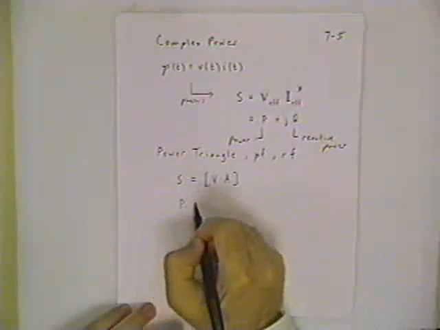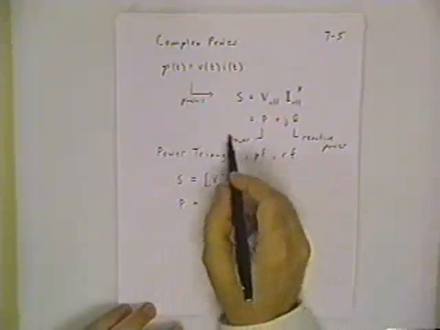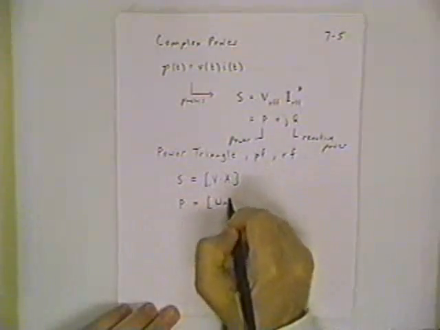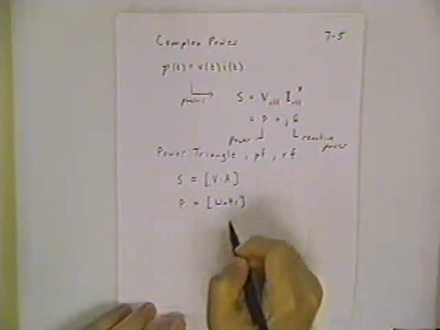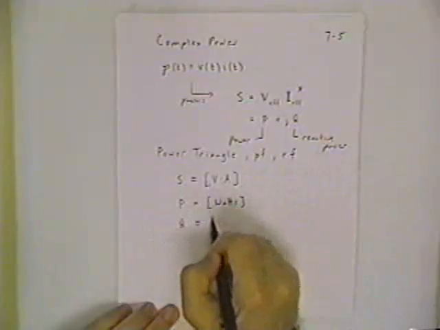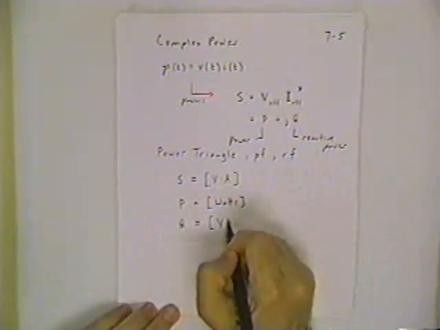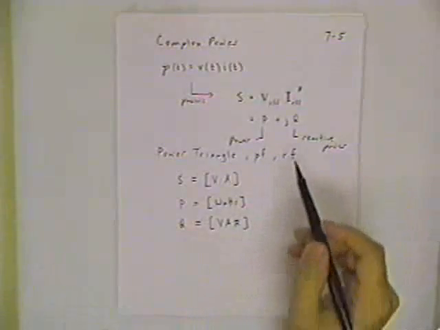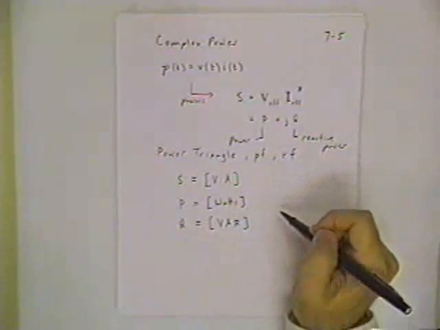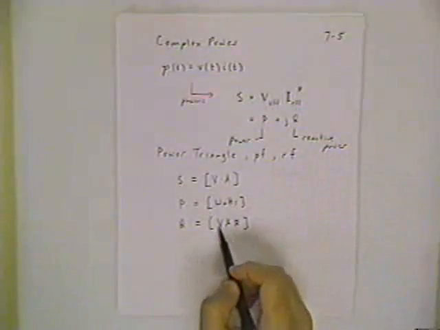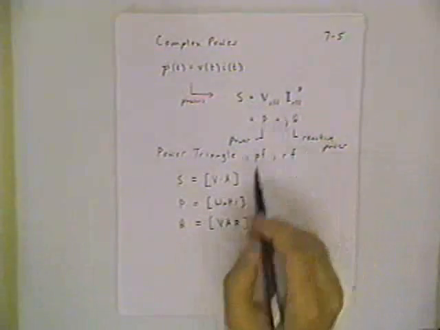When you talk about real power, or just shorten that to power, that's the power in watts that we're accustomed to from DC circuits. The Q, the reactive power, has a new special name. It's volt amps reactive. And so if you hear someone referring to a 10 volt amp reactive element, then you know immediately, from the units, that that's the imaginary part of a power.